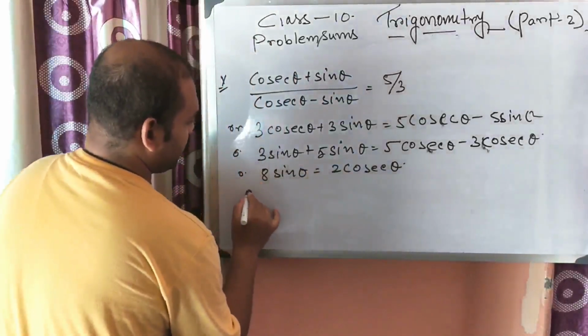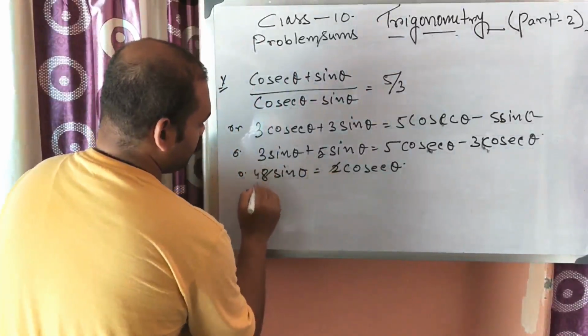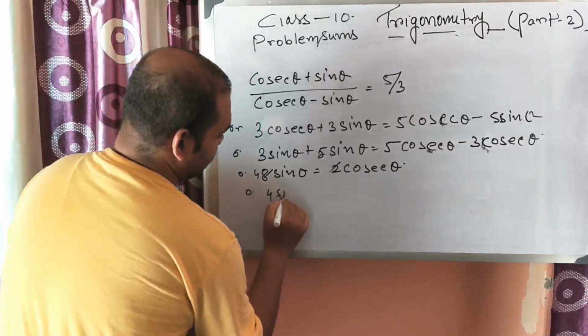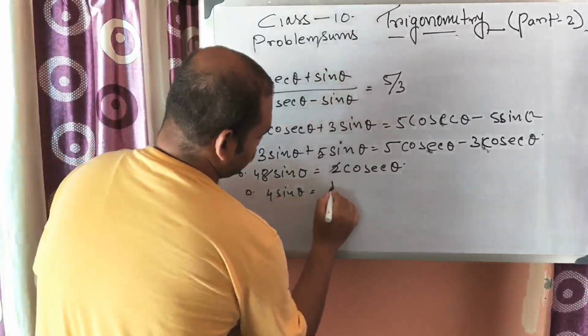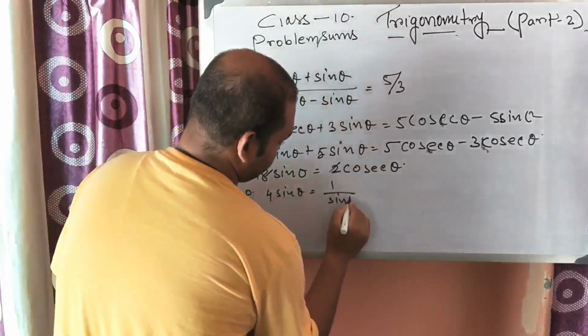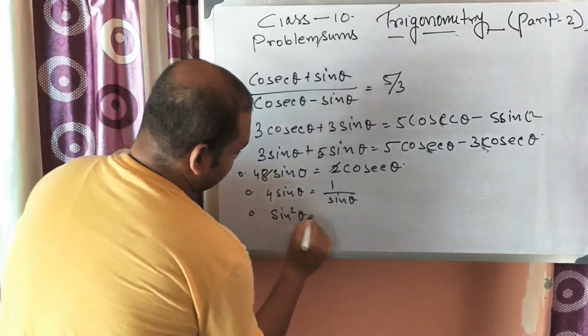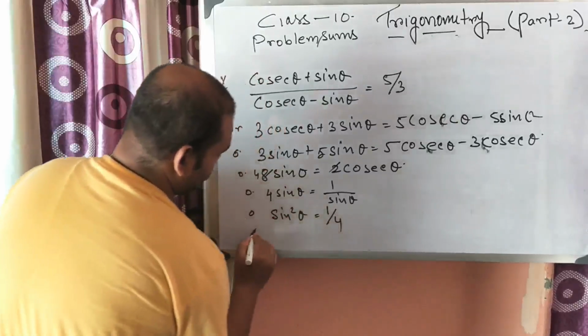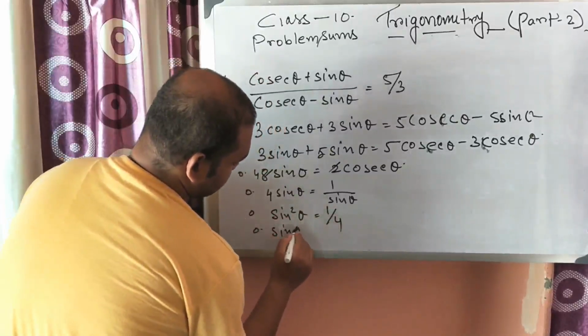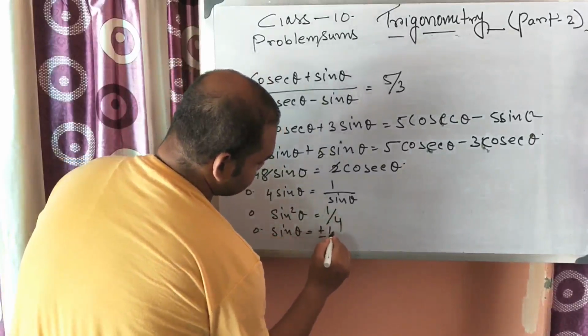Or we can write down 4 sin theta equals 1 by sin theta. Very good. Or sin square theta is equal to 1 by 4, or sin theta is equal to plus minus half.